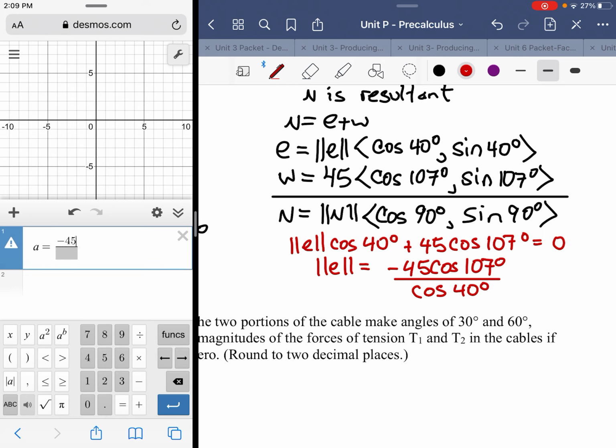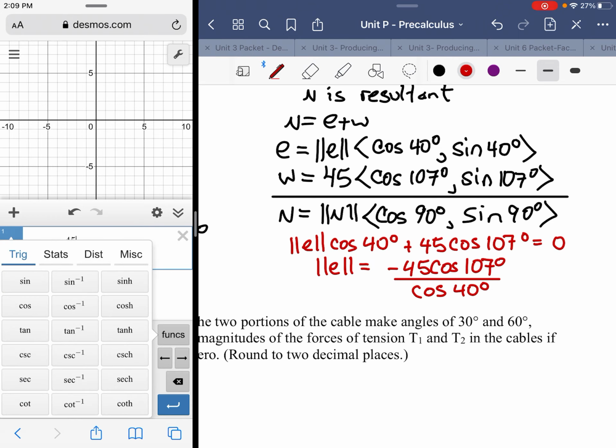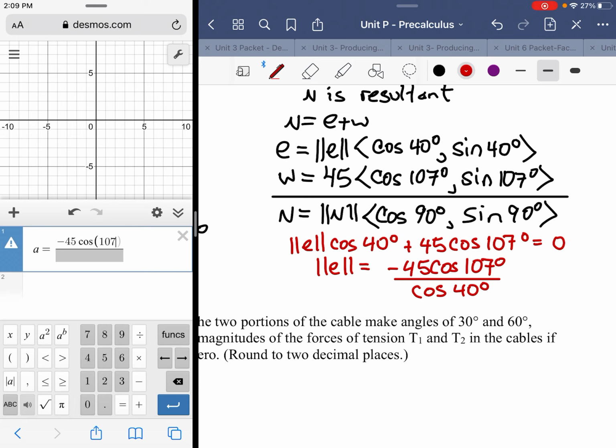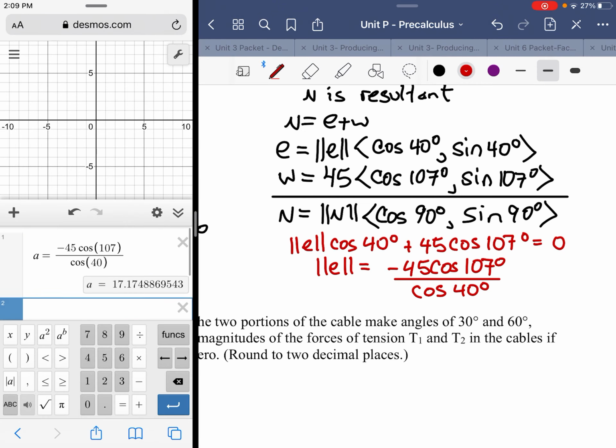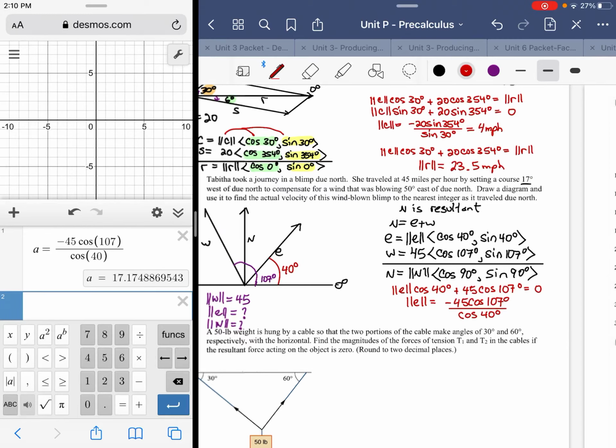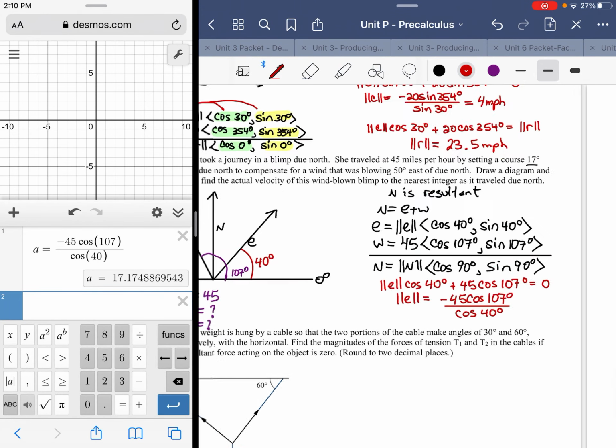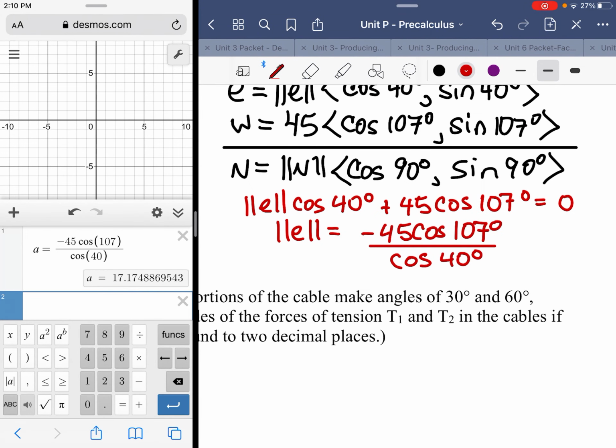All right, so I'll do the whole A equals fraction negative 45, and you're like, negative? How are we going to get a reasonable velocity out of this? Well, cosine in the second quadrant is going to be negative anyway, so the two negatives will offset. So actually, you kind of needed it to be negative because the denominator is going to be positive because that's first quadrant.